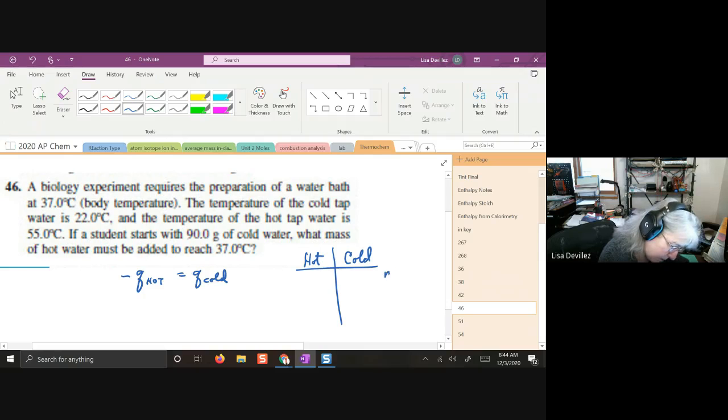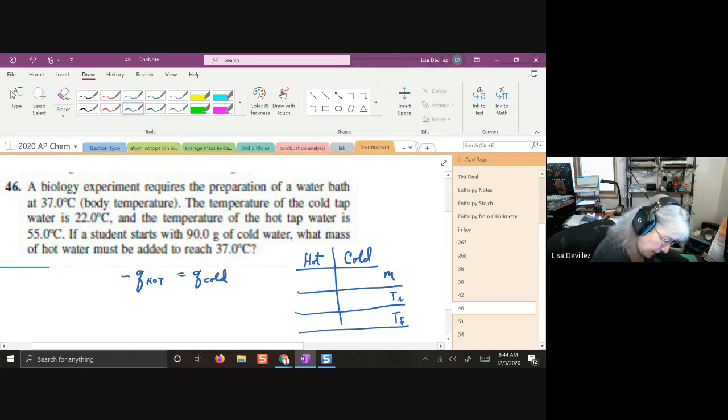All right, and so let's make our little table here. We have mass, and they both have the same specific heat. So T initial, T final. That's what we're solving for, the mass of the hot water, 90 of the cold. The cold tap water is going to be 22.